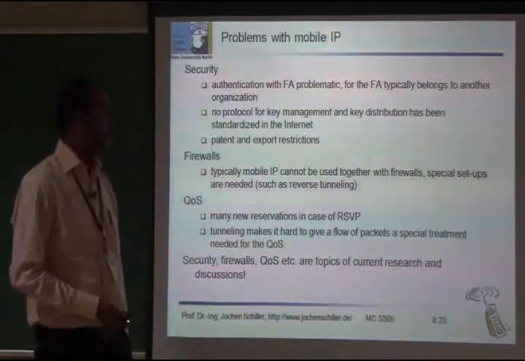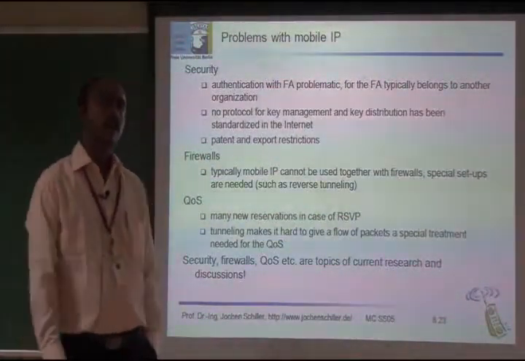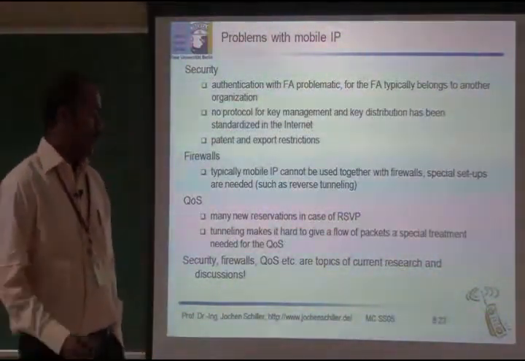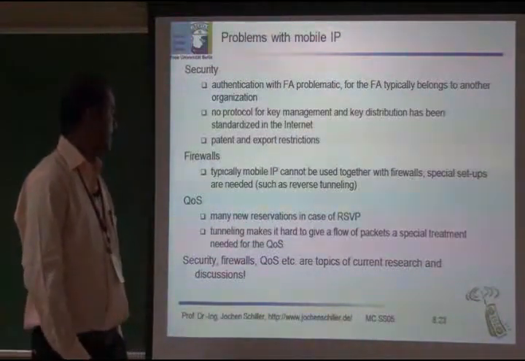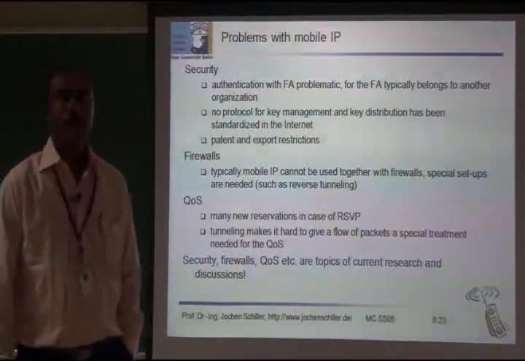And quality of service: how reliable the mobile IP is. That is quality of service. In quality of service, we know that there are many parameters, and security. So mainly these are the problems with mobile IP.